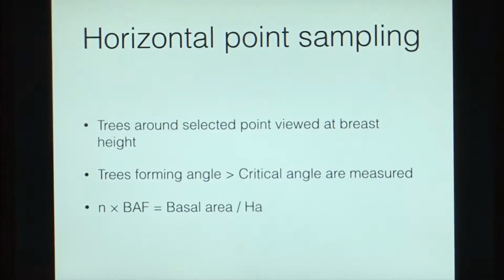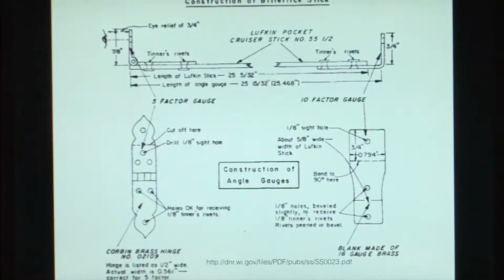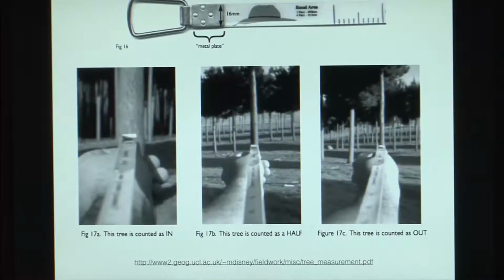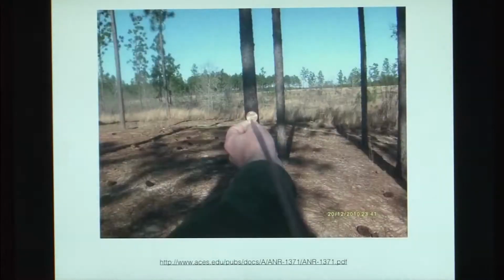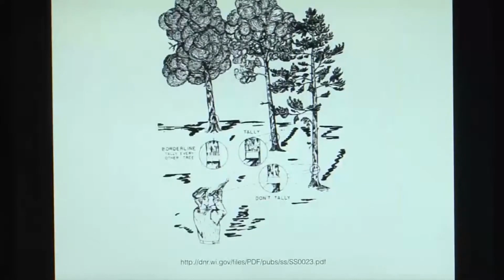In the case of horizontal point sampling, the trees are measured at breast height. You can use any instrument: specially constructed instruments or tubes, or even the end of a tape, or even a penny, or an instrument that gives you 3 different basal areas, or even the end of your thumb.